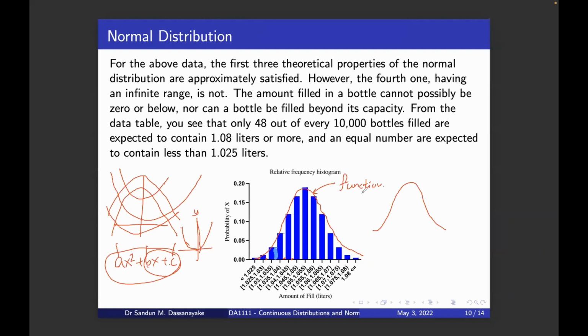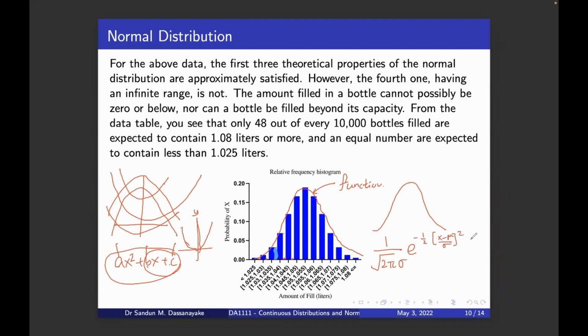So this function goes like this: 1 over square root 2 pi, under the square root, and then sigma is the standard deviation of the population, e to the power negative half, and inside this you have x minus mu divided by sigma square.